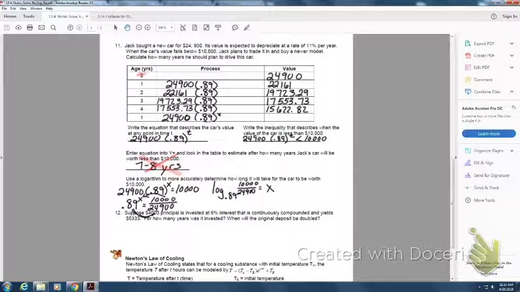Could you solve 10,000 divided by 24,900 first before you put it the other way? You can, but if you do that, do that real quick. If you didn't hear AJ, she asked, can you figure out what 10,000 divided by 24,900 is first and then put that in there?